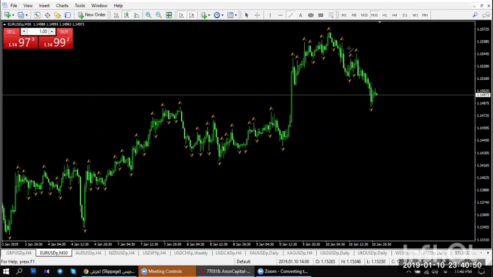So the trend line is like this. Okay, so this is our trend line.